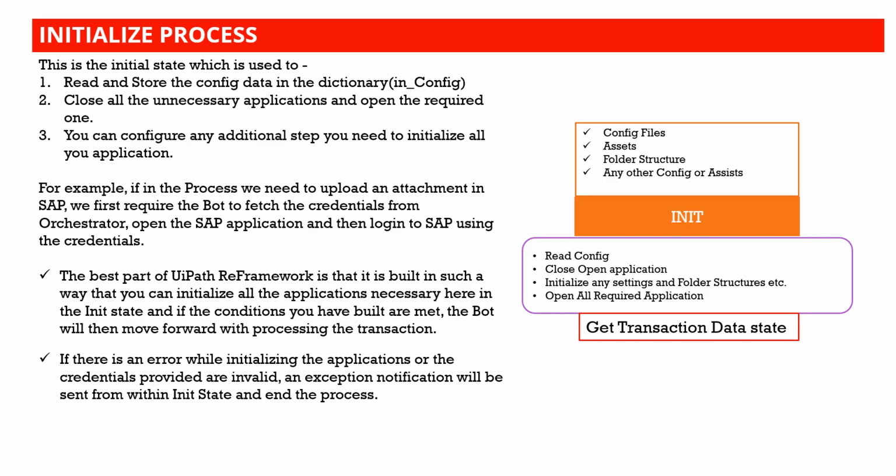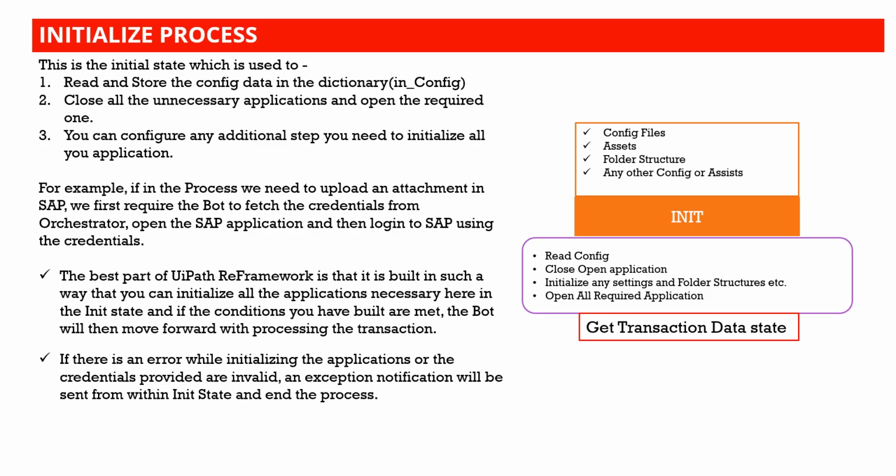In the init state, you will require the config file, asset details, folder structure, or any other config and assets. It will read the config file, close all applications if they are already open, initialize any settings and folder structure, for example a date-wise folder that has to be created, and open all required applications if multiple applications have to be used.